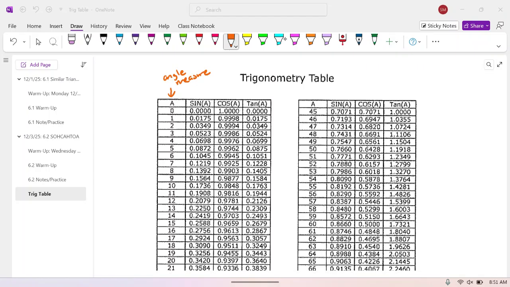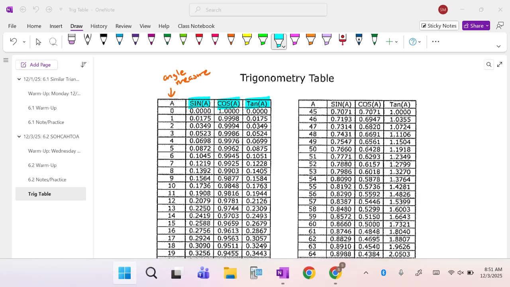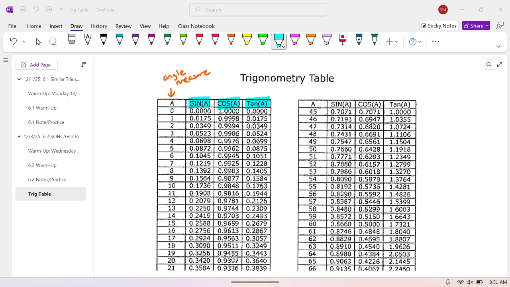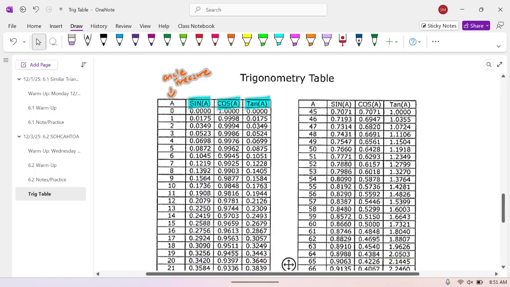Listed next to that angle measure will be the value that you would get if you were to plug into your calculator the sine of that angle, cosine of that angle, tangent of that angle. So let's actually go through and find what those values are for the ones that they list.